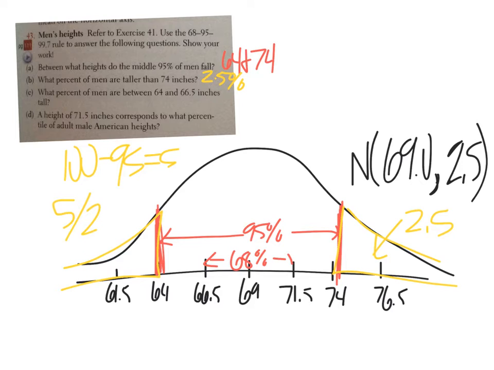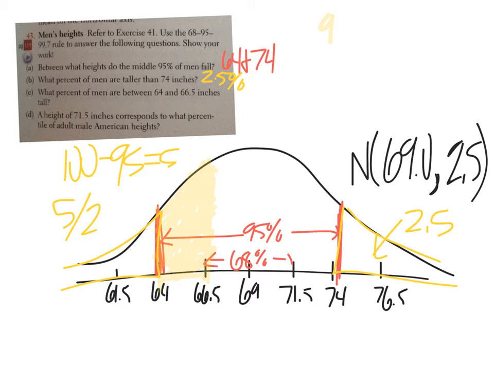All right, now for the question that people seemed to really have trouble with: what percent of men are between 64 and 66.5? So that would be just this part, between 64 and 66.5. Personally, I notice that is between 95 and 68, the bar that's in between those two areas.